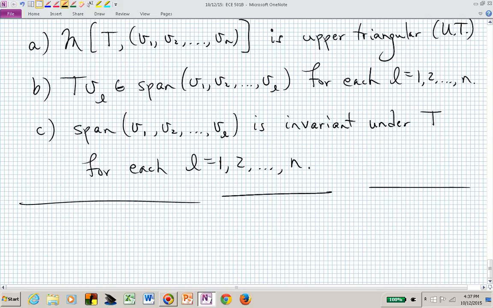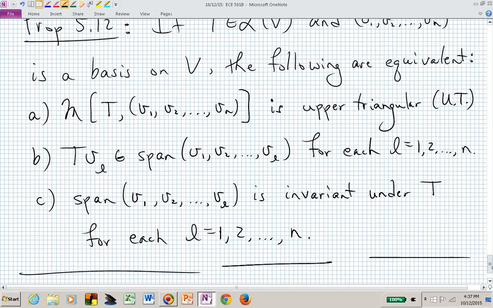That's what statement C is really saying. It's not a diagonal, it's UT, upper triangular. So now let's see if we can justify the equivalence of these three with a proof.